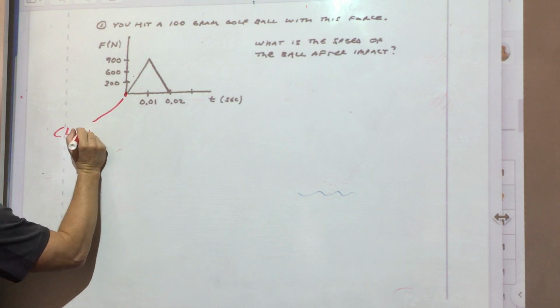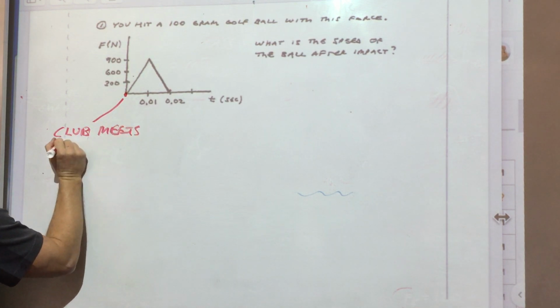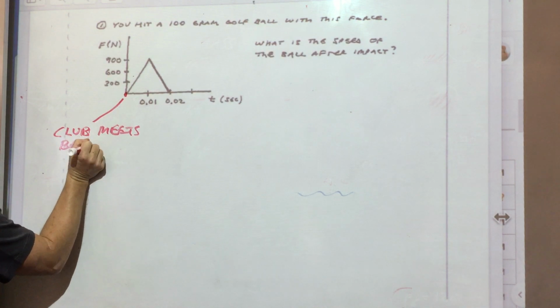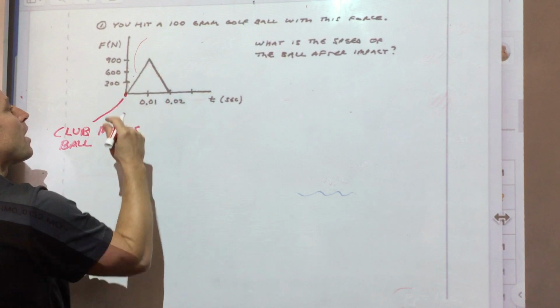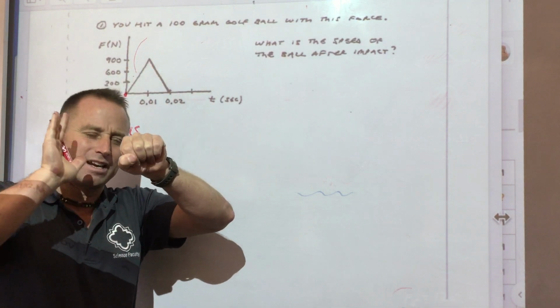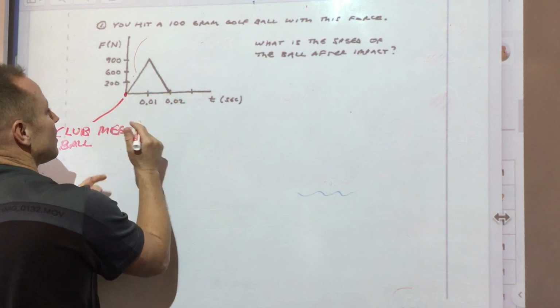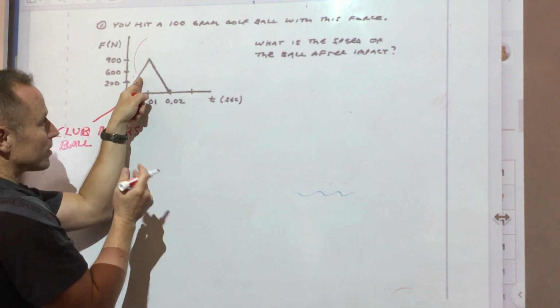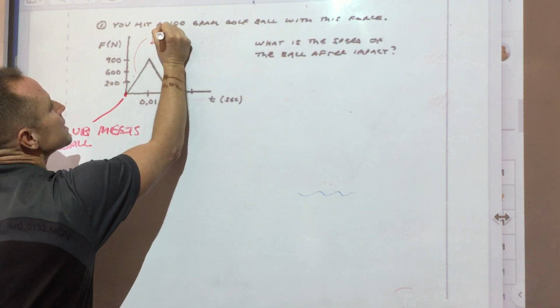So the club meets the ball. On this whole bit here, the club's coming in and hitting the ball, so the ball is getting compressed against the club face, and the force is building up.